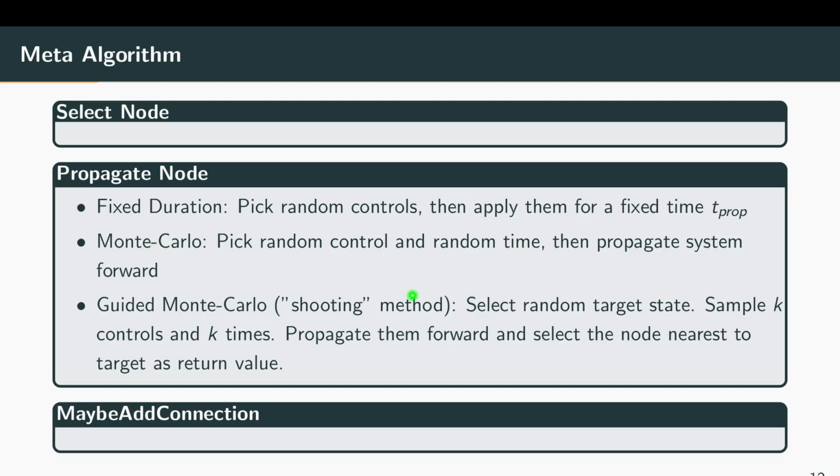That one just repeats the Monte Carlo method k times, so for example, 10 times. And then it looks at all of the resulting states it got and just picks the one that is best with respect to some metric. And we see one example later.